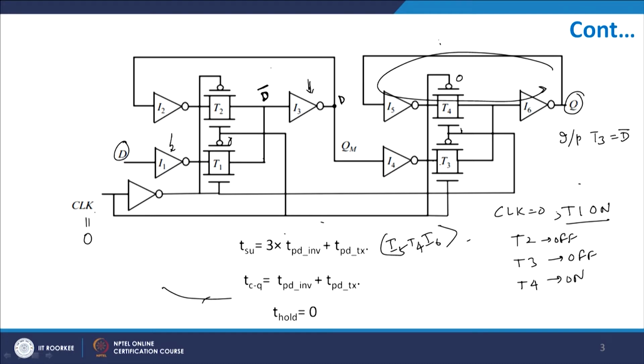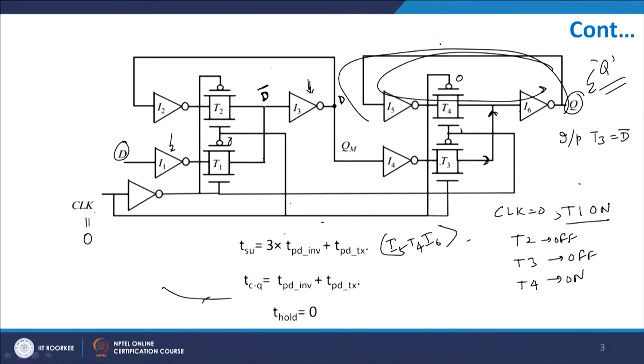If this is Q, it goes back here, you have Q bar here, and this Q bar comes here, again a Q. So there is a closed loop, and therefore you are able to restore the value to Q. But since T3 is off, you are not feeding any new data across this path. So your slave is effectively off, it is only meant to store or rejuvenate your earlier data.